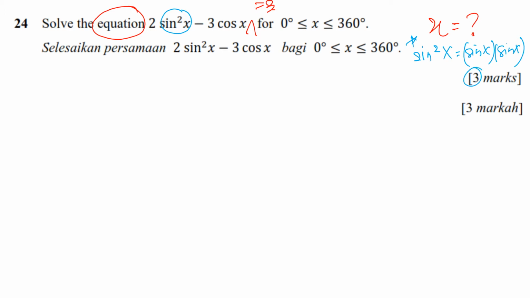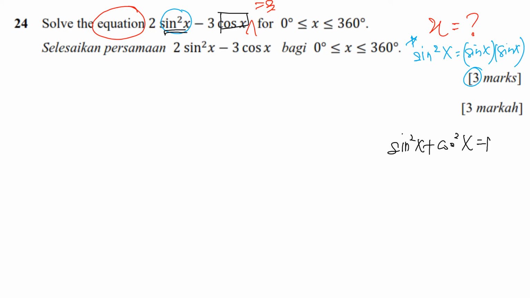Okay, let's start our working. First of all, you are going to use the identity to substitute. Choose the one in terms of cos. If you refer to the formula page of your exam paper, on the fourth page, you will see sine squared x plus cos squared x equals to 1.